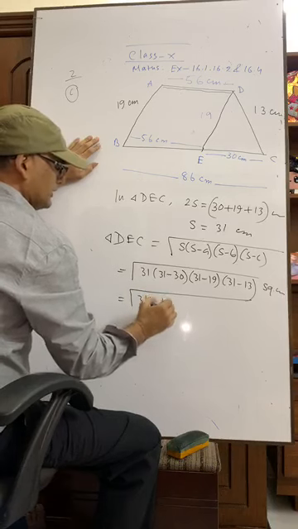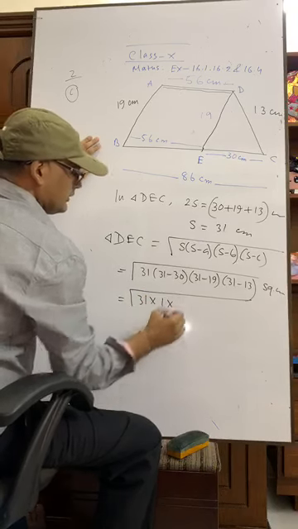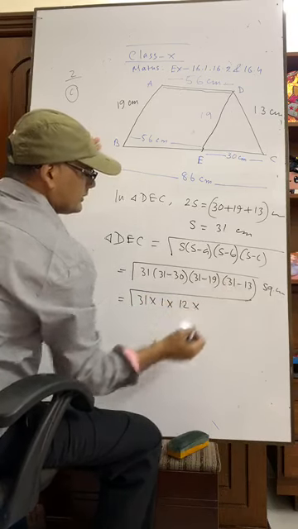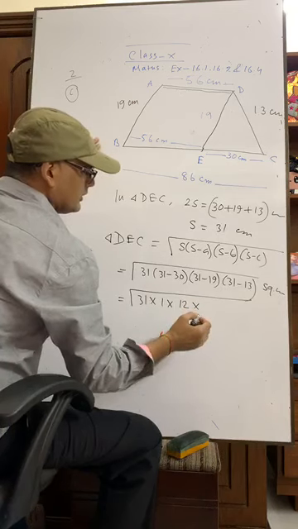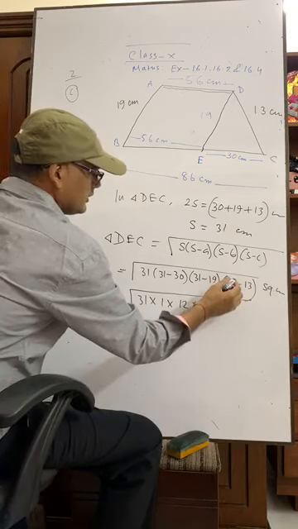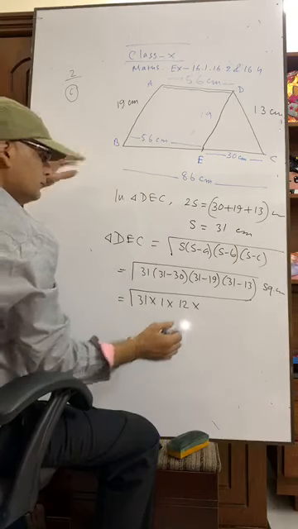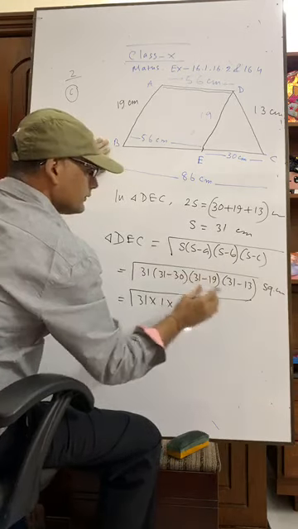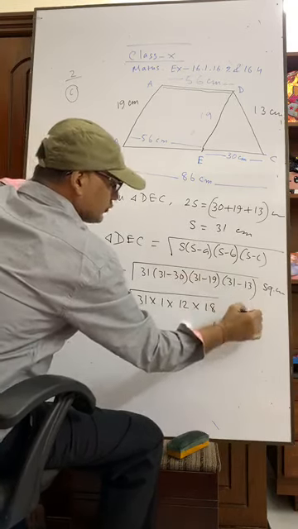31 into 1 into 12 into 18 square centimeter.